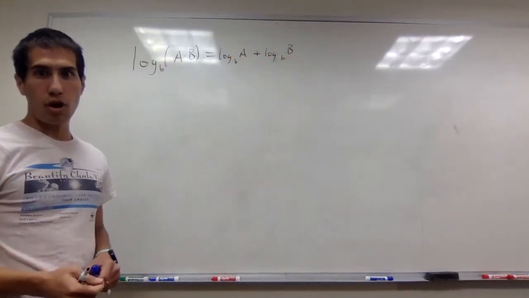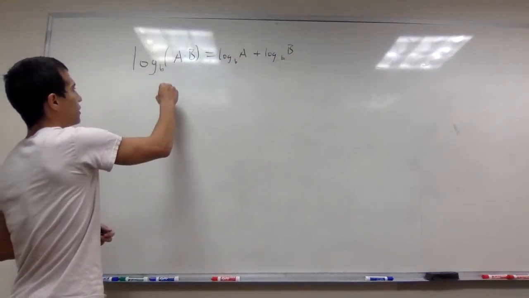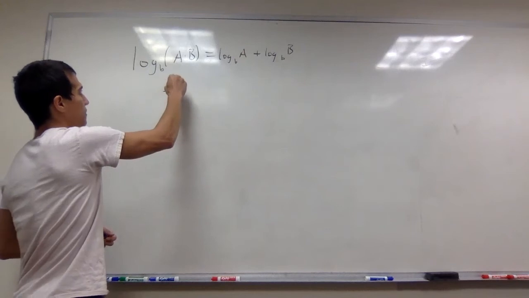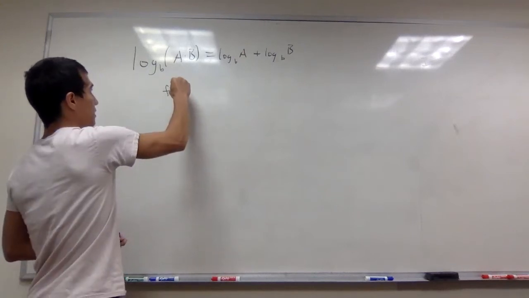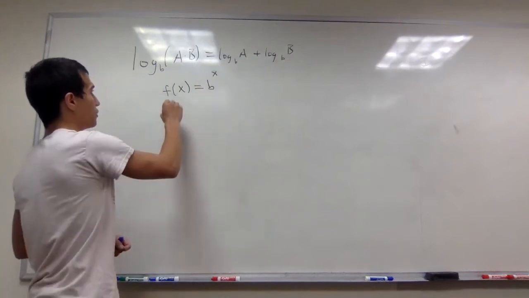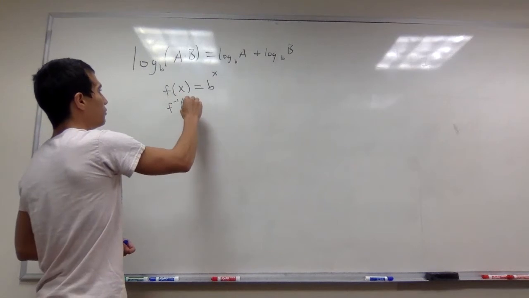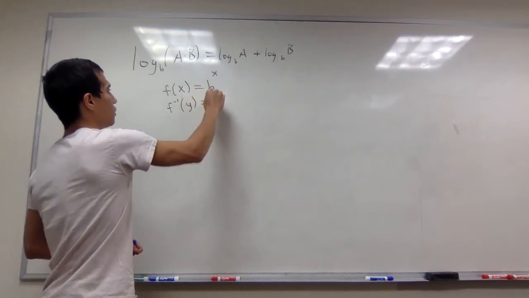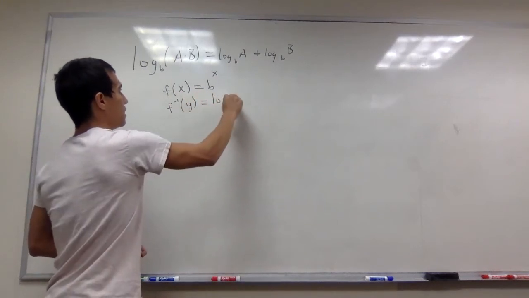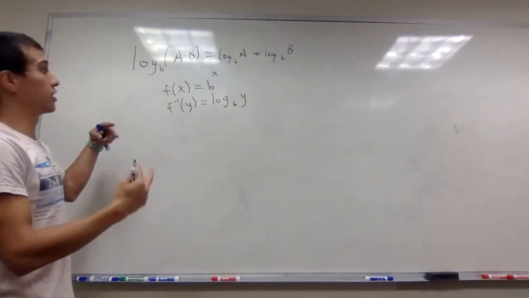So let's recall, what does it mean, the definition of log. So if I have this function f of x is b to the x, and there's an inverse function which I call log. F inverse of y is log base b of y, and these are inverses of each other.